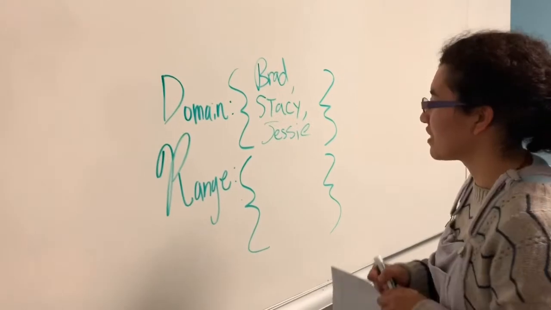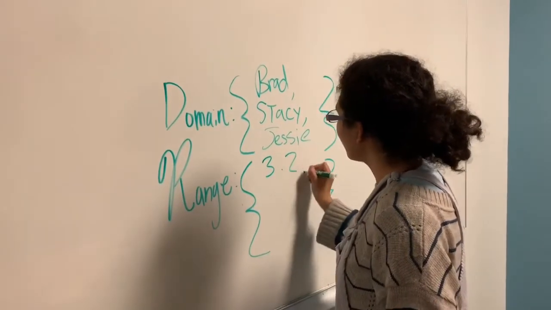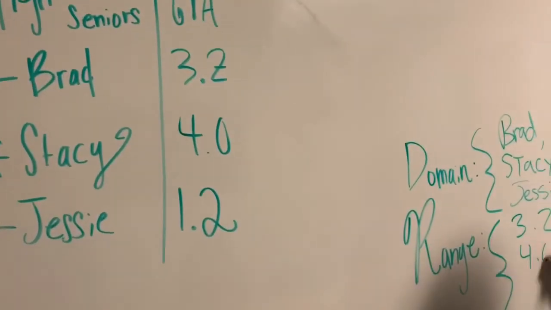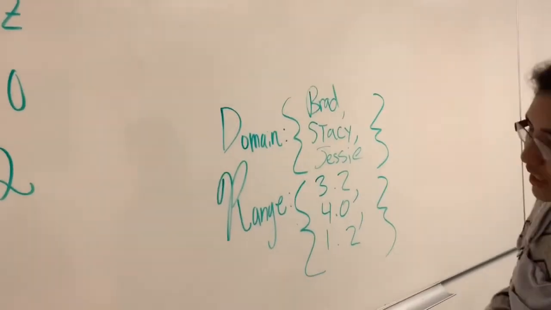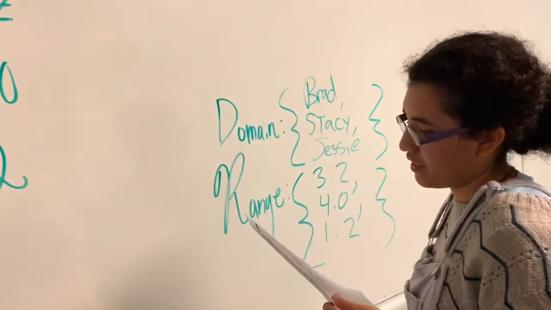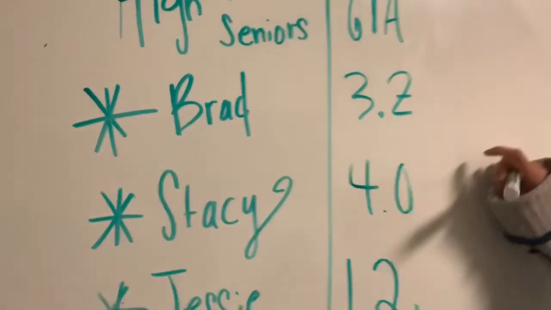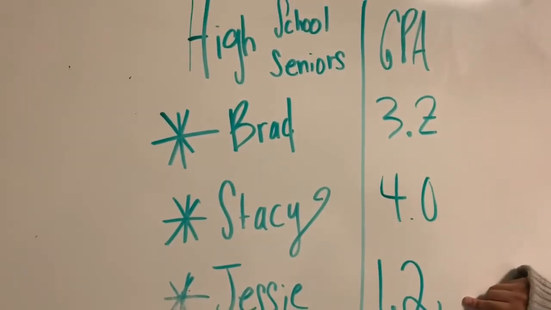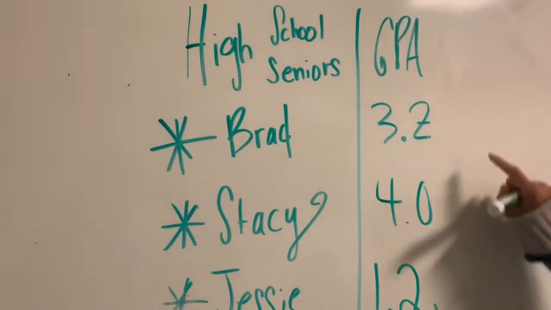And in this example, the range is the GPA, which includes 3.2, 4.0, and 1.2. And as you can tell, for GPA, each of these corresponds to exactly one element from the second set.